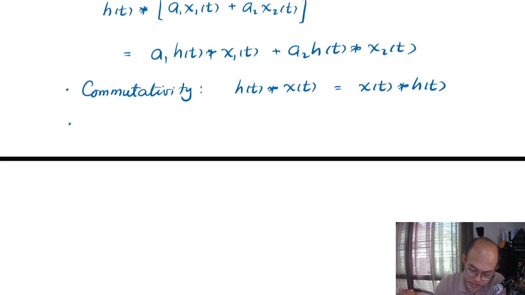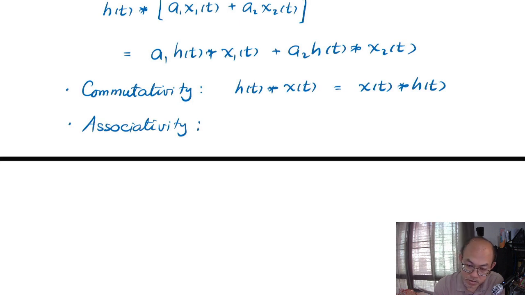The third property is called associativity. In this property, if we are doing convolution integral between three functions, it doesn't matter which pair we start with, as long as we perform the convolution integral between the three.